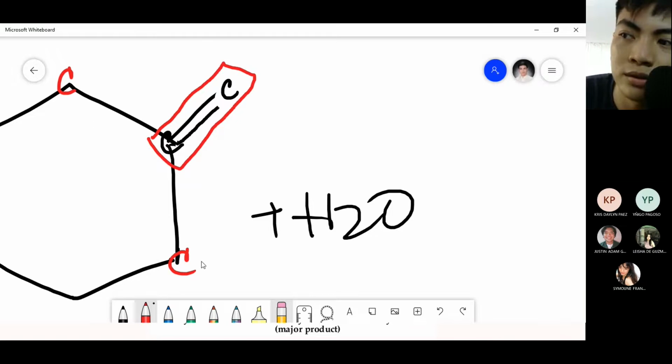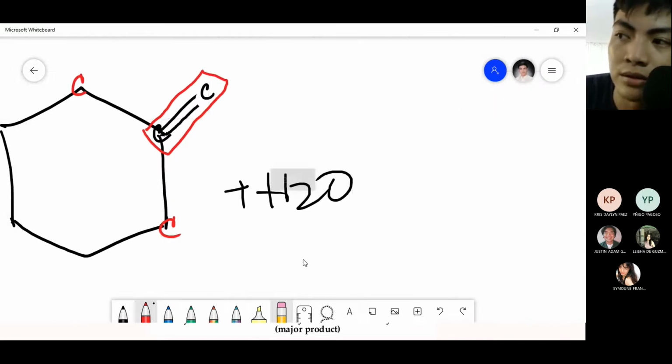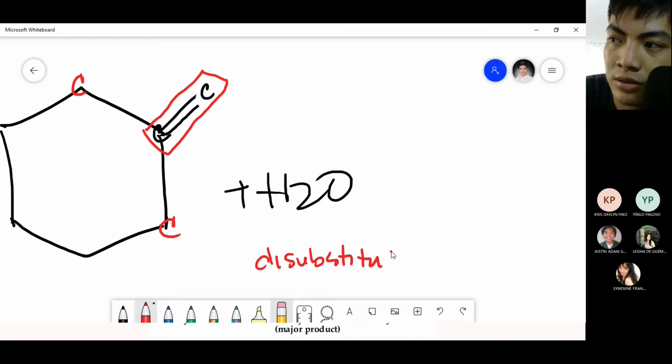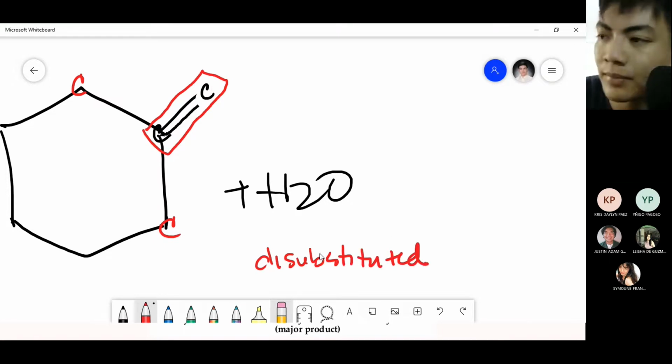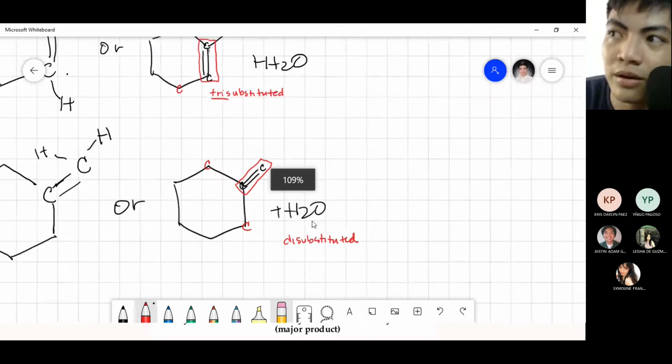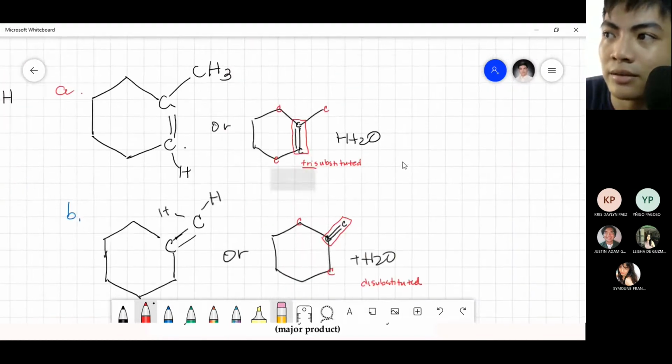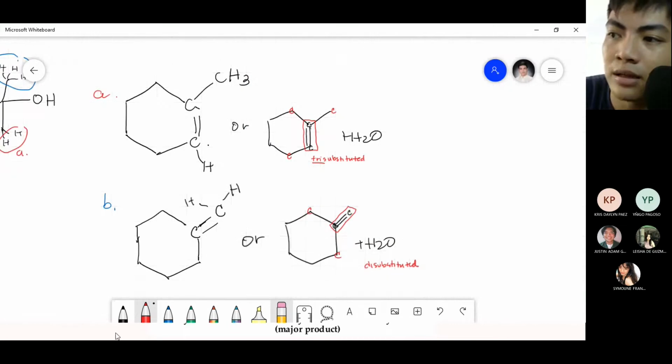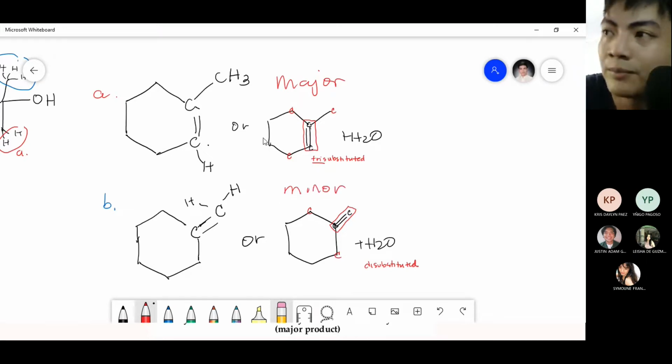Itong carbon na to. Itong carbon na to. Natawag dyan, di-substituted. So, ano mas marami? Dalawa o tatlo? E di syempre, yung tatlo. Okay? So, that's why, ito yung ating major product. At ito, since hindi yan marami, edi minor lang.